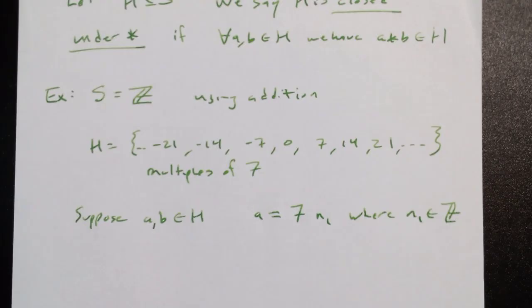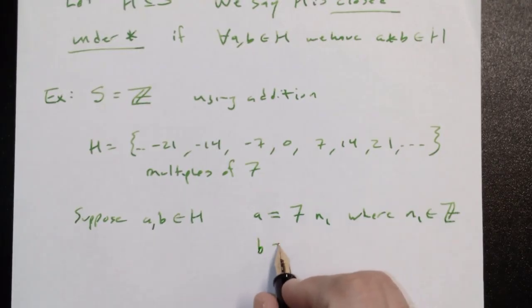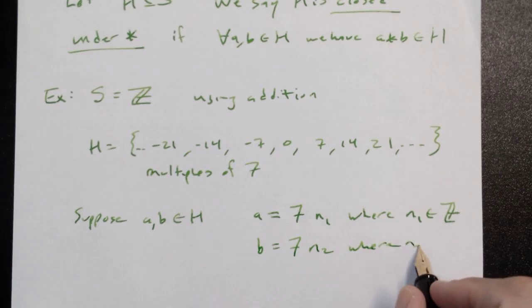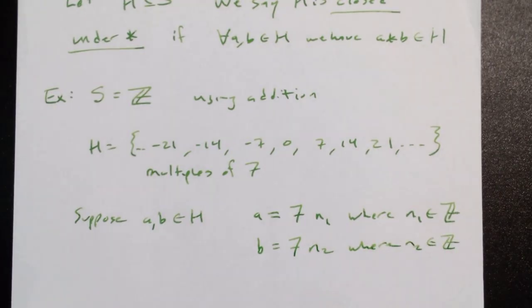Because B is in my set H. So now if I think about adding, I can factor out the 7.